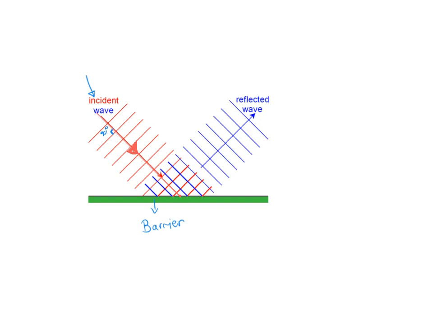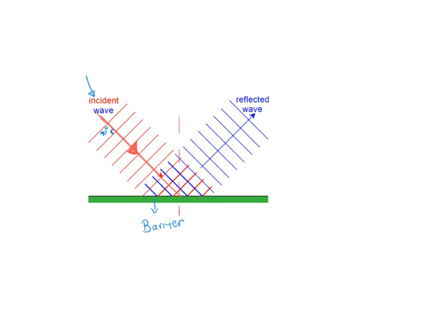Now whenever any wave is incoming, whether it's a wavefront or a wave ray, light ray, always remember that it's useful to have these straight lines as well. At 90 degrees to the actual surface that it is touching, we always draw a normal line.